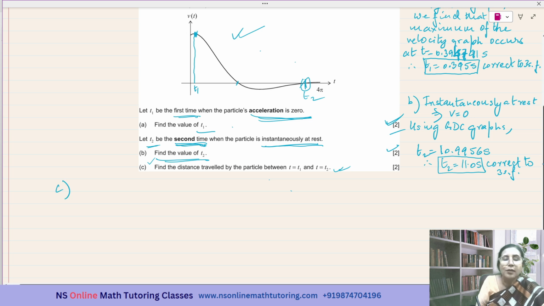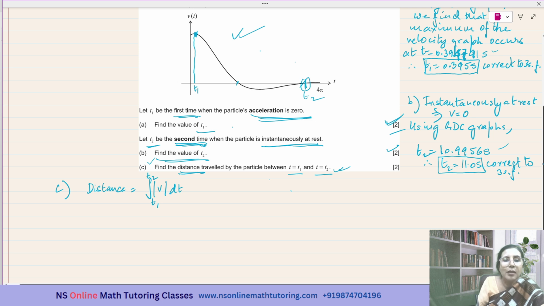Now coming to subpart C. Let us start my answer for subpart C over here. Find the distance traveled by the particle between t equal to T1 and t equal to T2. T1 also I had taken more number of digits, and T2 also I am having more number of digits. Okay, fine. And we know that the distance is equal to the integral of the absolute value of the velocity function with respect to t from T1 to T2.